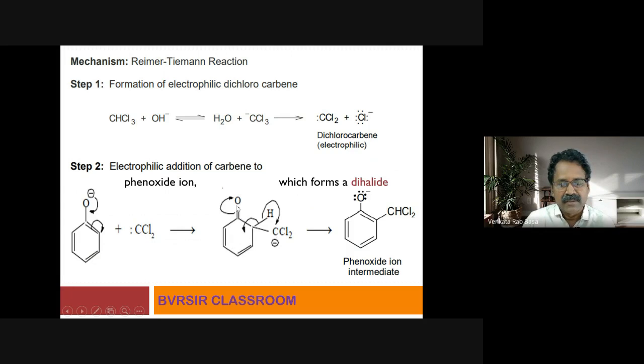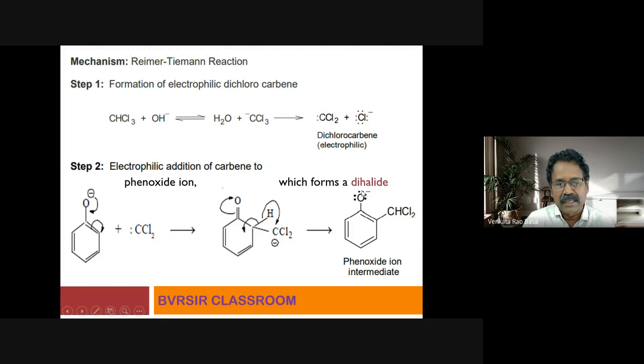After the formation of this species, the charge migrates to oxygen again, so it attains a negative charge once more, whereas this hydrogen migrates to this group, and it becomes a CHCl2 group. This negative charge is given back to form this double bond. Here the double bond is formed. You observe this one.